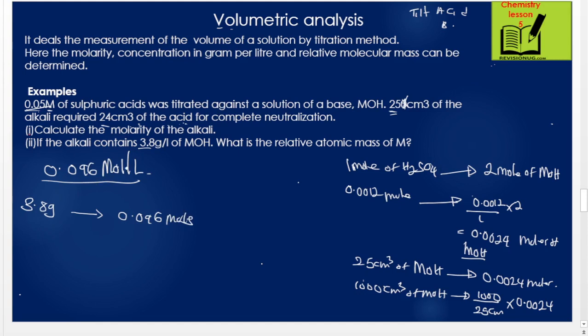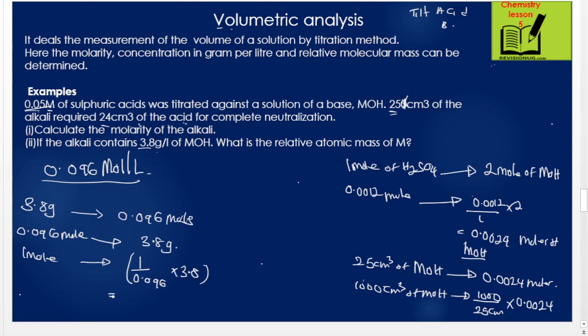Now this is moles in terms of mass, meaning that 0.096 moles represent 3.8 grams. Then how about 1 mole? Remember we say that 1 mole of a substance is equivalent to its RFM. Therefore 1 mole is going to be 1 out of 0.096 times 3.8.